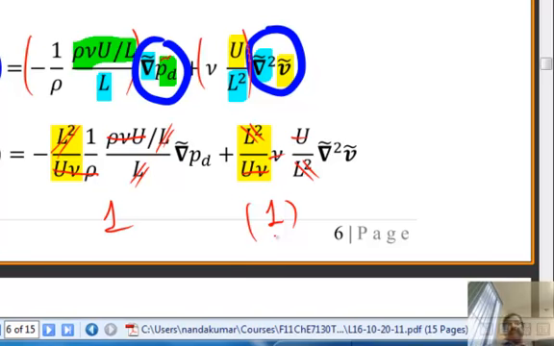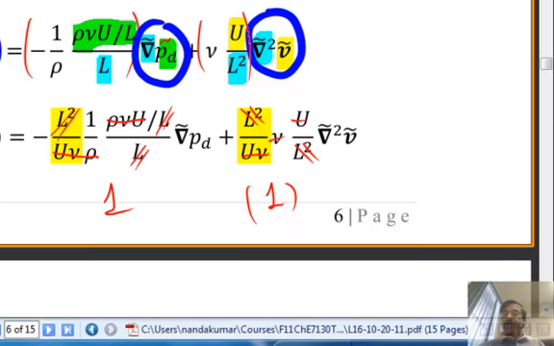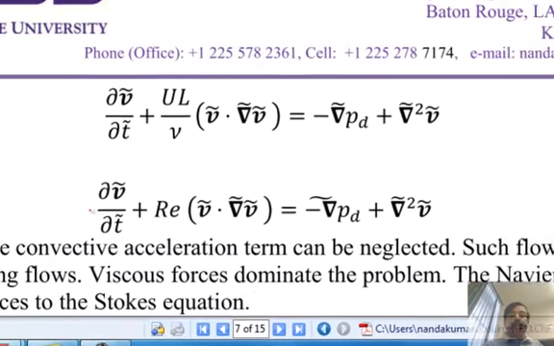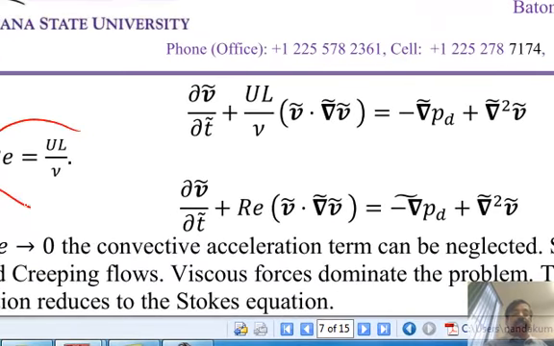So it's as if by magic we got all the terms to be 1 except one term. That term multiplies the inertial term. So when you look at the final form of the equation, we are defining the Reynolds number as UL over nu. And that is known. U, the velocity scale, is known. The length scale is known. The property of the fluid is known.